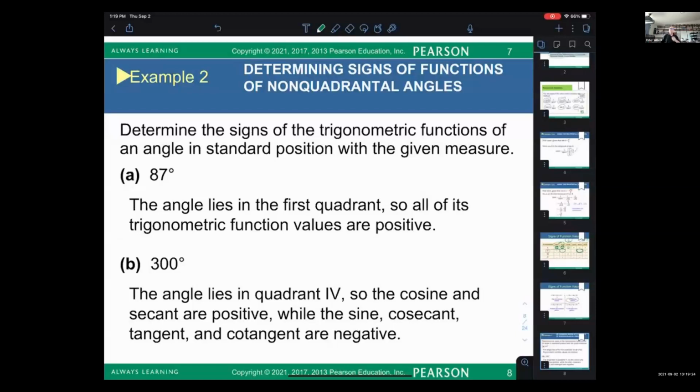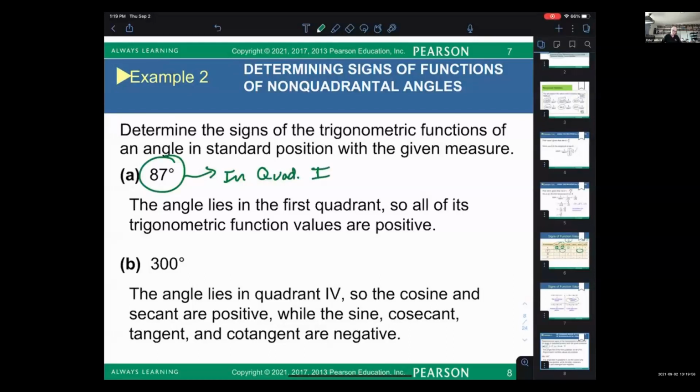All right, so in order to see if we got this idea of this summary, they ask us to determine the signs of the trigonometric functions of an angle in standard position with the given measure, and then they give us a measure of the angle. So they're asking us to do it for all 6, but let's just do a couple of examples. We want to first recognize that the measure of 87 degrees is in quadrant 1.